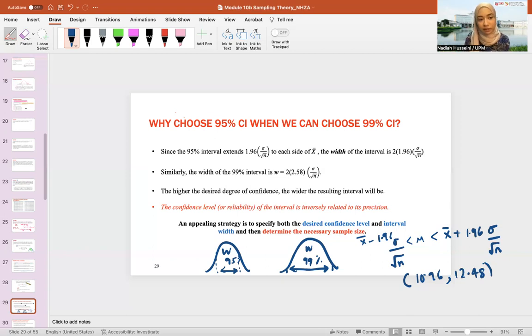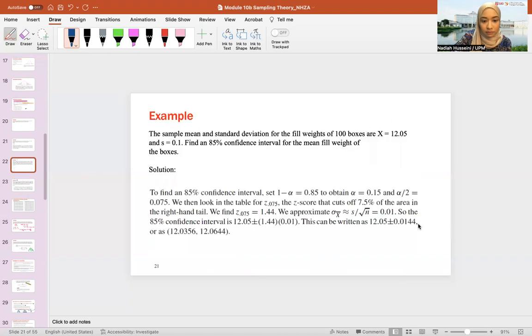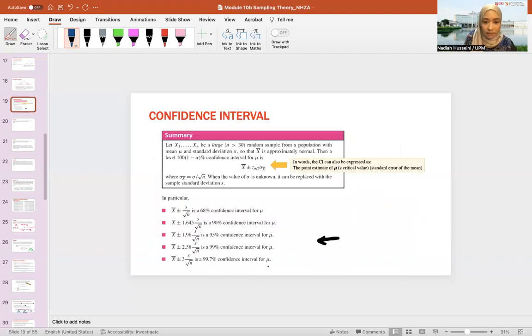If I specify that I want a CI of 99, this value would change, right? Because the width is going to be greater. And we saw that for 99, okay, I can see 2.58.